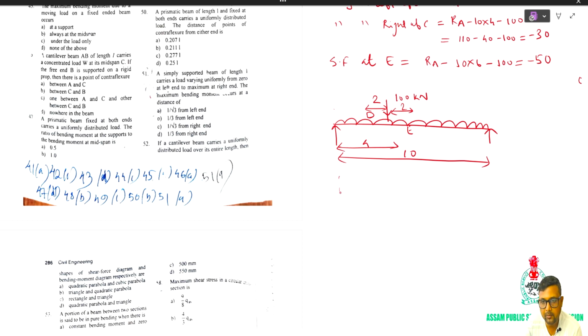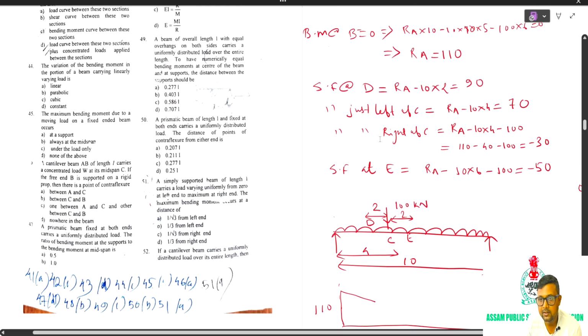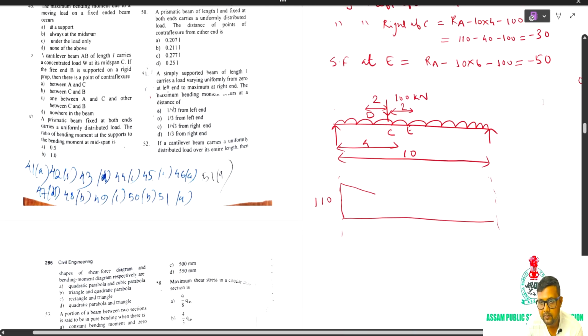The shear force diagram will be something like this. This is how much? RA, 110, and at D how much? 90. Just left of C is 70.